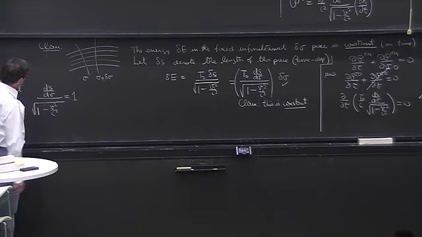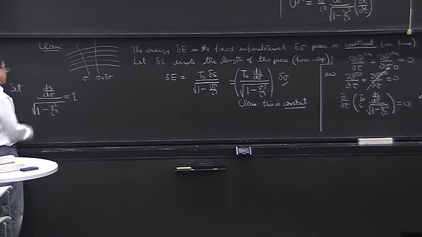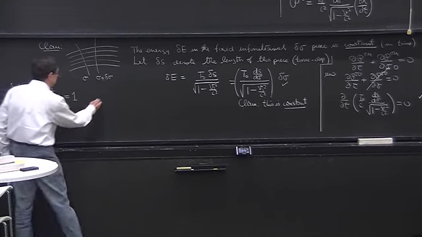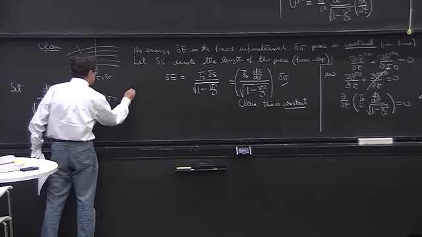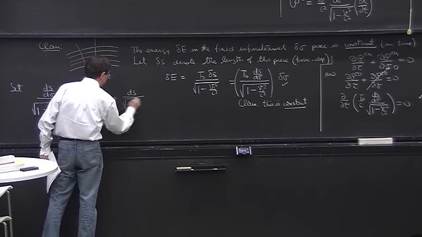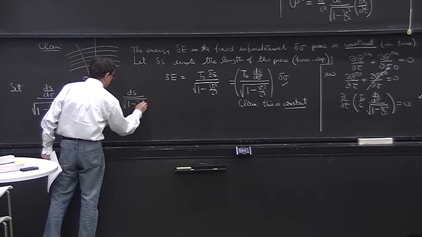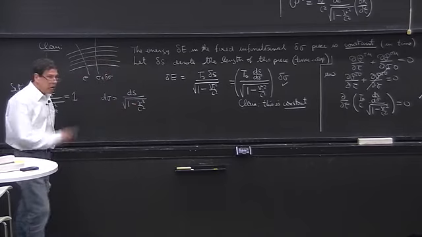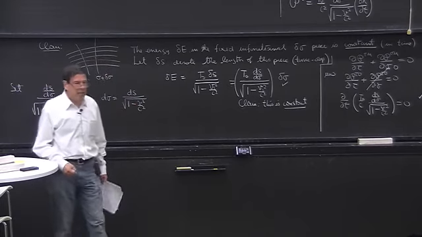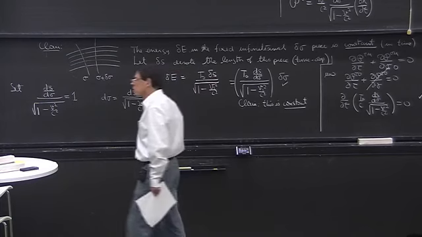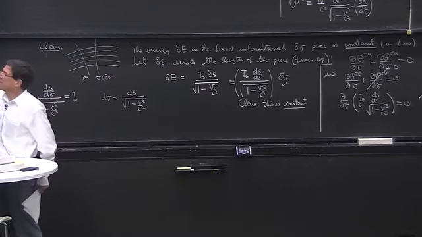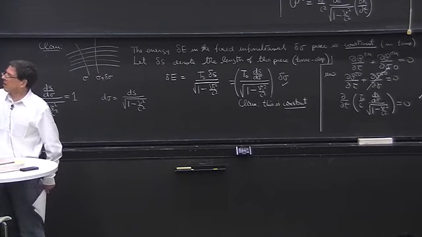And then, if this is 1, let's think physically what that means. It means that d sigma, from here, is equal to ds over square root of 1 minus v squared over c squared. That already tells you that you finally learned how to parameterize the string. Because you start with your string, and you say, sigma equals 0.